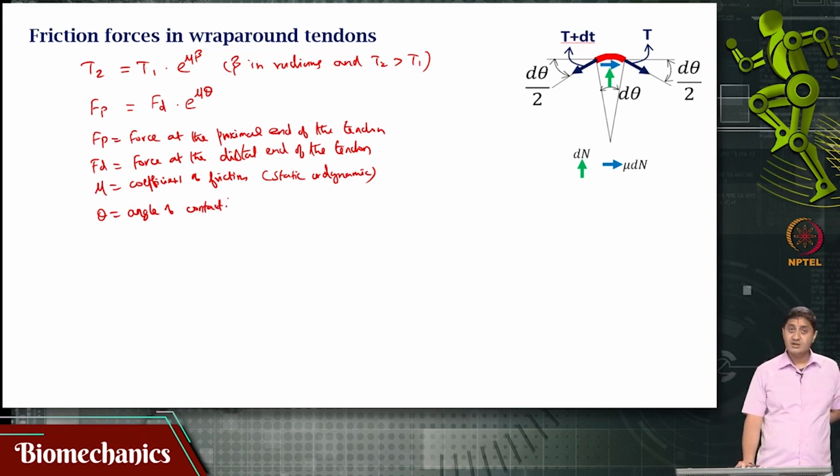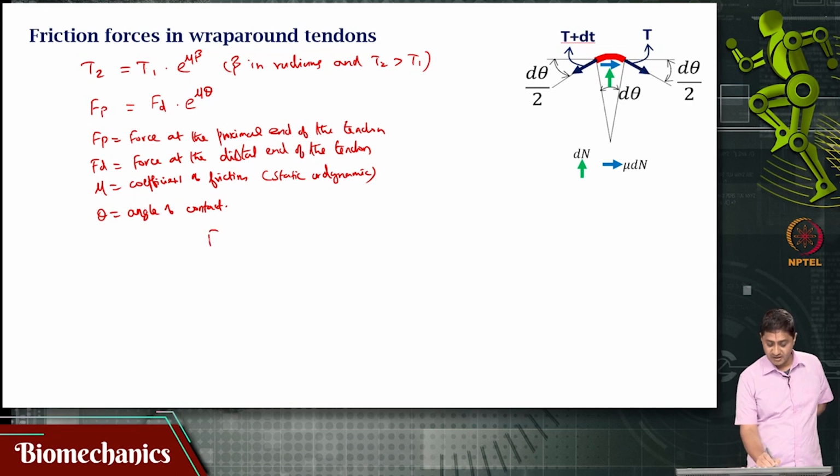Okay. What would be the frictional force, Fr? Fr is the difference between Fp and Fd, is it not? That would be Fp minus Fd, which is, substituting the value for Fp, which is Fd e power mu theta, minus Fd.